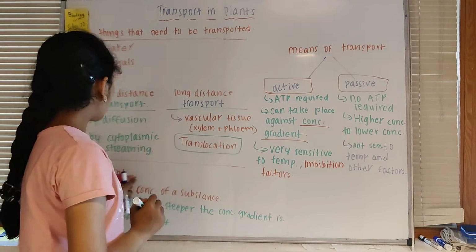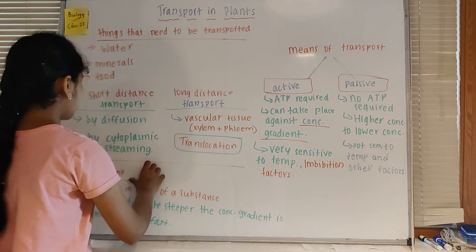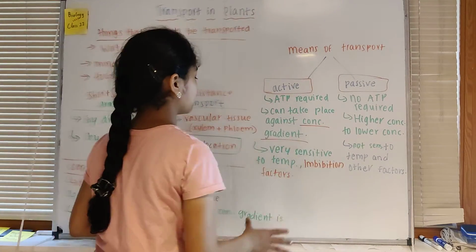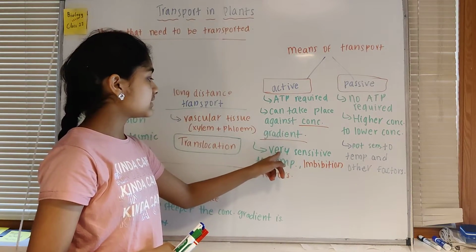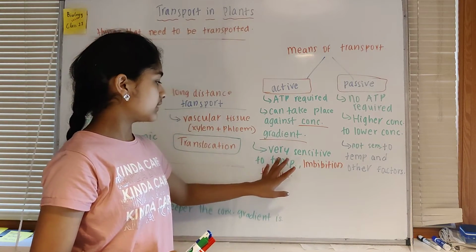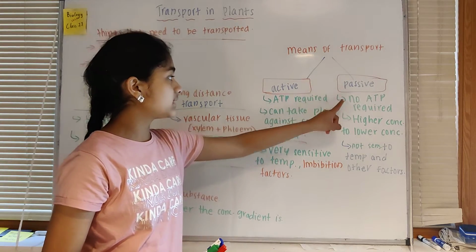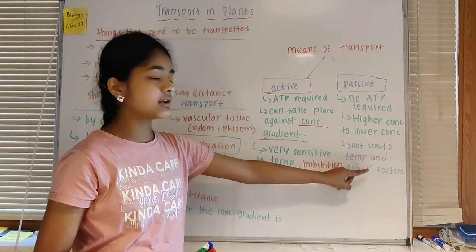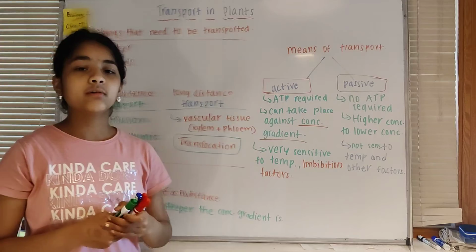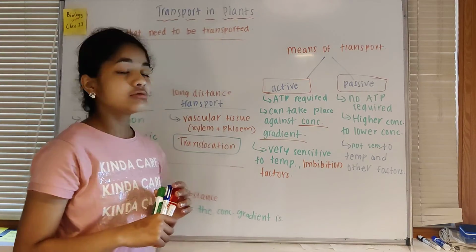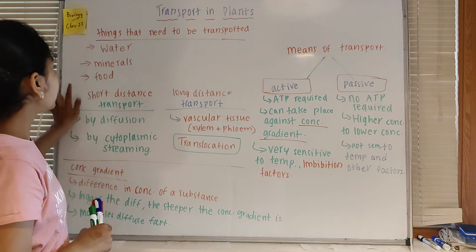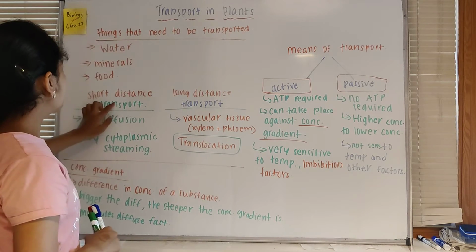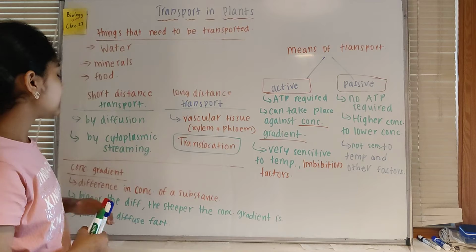So this is about the concentration gradient that we talked about in the case of active transport. Active process is very sensitive to temperature and inhibition factors, while passive transport is not so sensitive. So in this video we discussed the introduction to the chapter transport in plants. We have seen the things that need to be transported: water, minerals and food. Short distance transport and long distance transport.